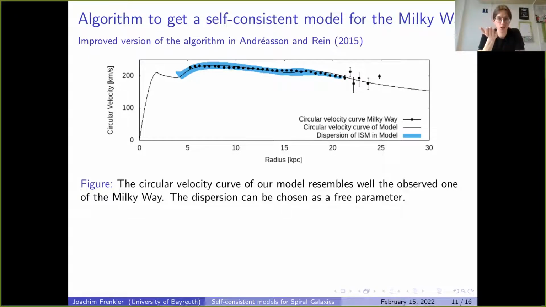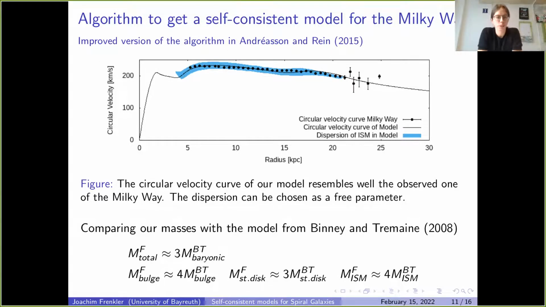And since we did not include dark matter in our model, we must have a mass gap, because somewhere the mass must be that creates this circular velocity curve. How large is this mass gap?